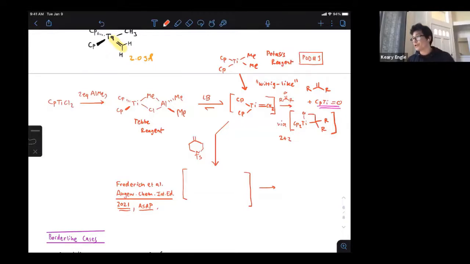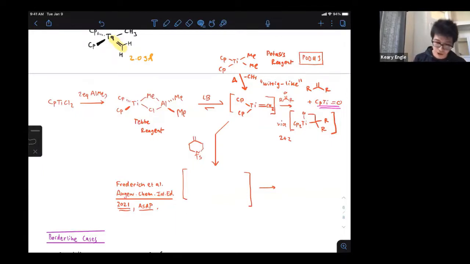And the advantage here is, there are two advantages. One is you don't need a Lewis base. It just does this upon heat, and it does so by loss of methane. So this can be thought of as a concerted deprotonation, sigma bond metathesis type process, or you could draw it via an alpha elimination as well.